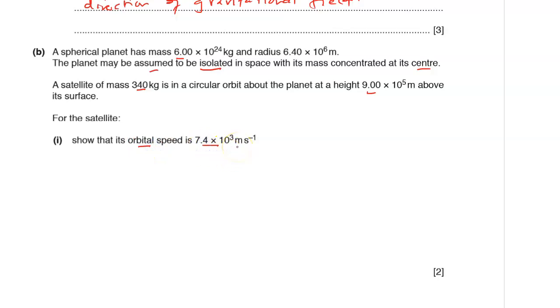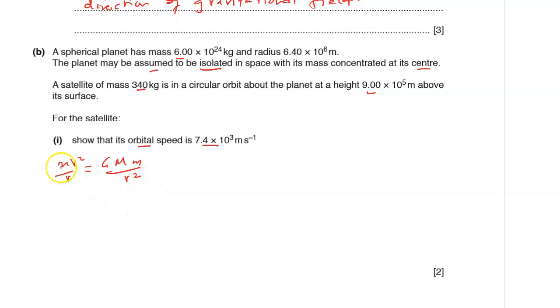I need to show the orbital speed is that. Since the satellite is moving in circular motion, it is acted on by a centripetal force, and the centripetal force is due to gravitational force. The equation for centripetal force is mv squared over r, and this is due to the gravitational force, which is given by that.